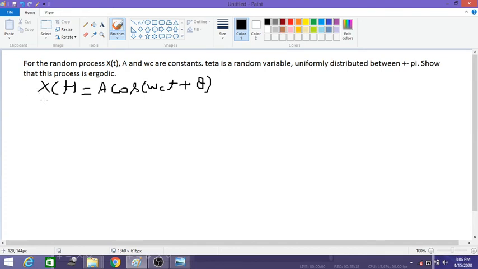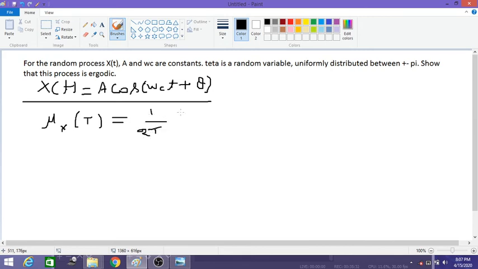So let us take the mean here. Mu x of the time average is equal to, we know that it is 1 by 2T into integral of minus T to plus T of x of t into dt, and let us take the ensemble of the mean itself.